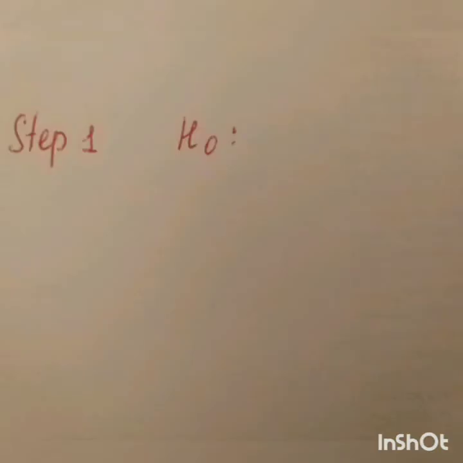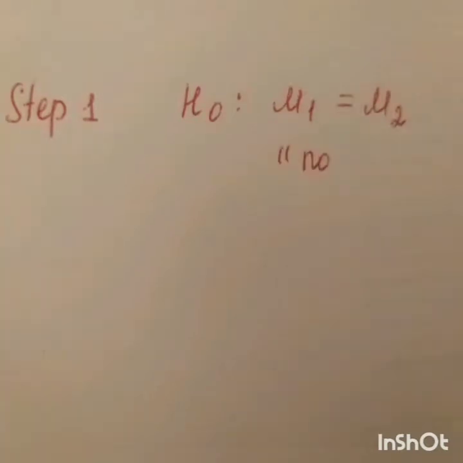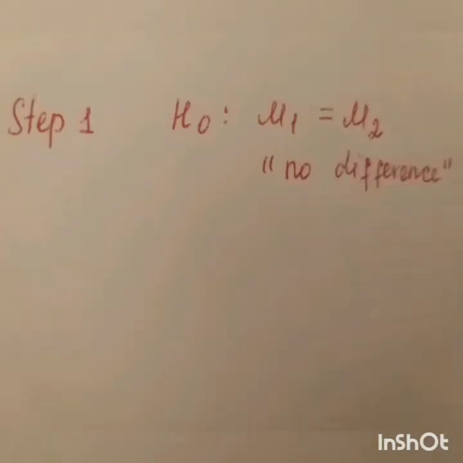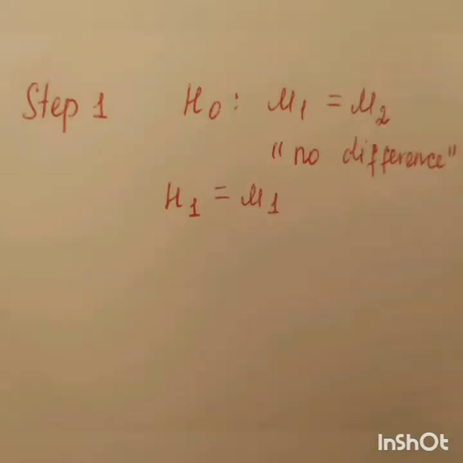So our first step is to identify the hypotheses. For the null hypothesis, we have μ1 is equal to μ2. Here we are assuming that there is no difference between the two groups. For the alternative hypothesis, we are going to test μ1 is greater than μ2.